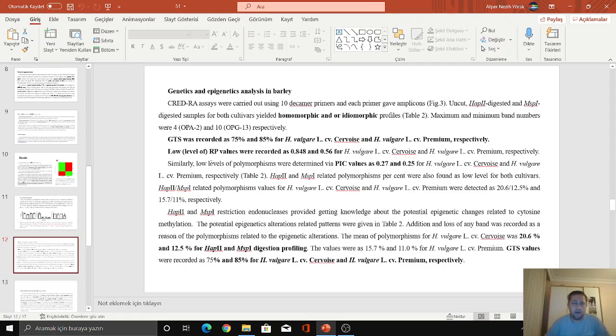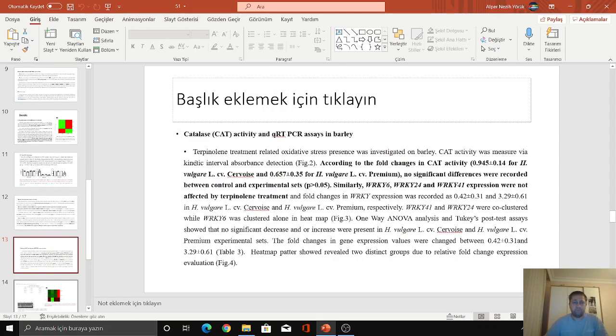Similarly, in the genetics and epigenetics assay, a low level of genomic template instability was recorded, with genomic template stability values of 74 and 85, and 75% in Cervoise and Premium cultivars. Similarly, 20.6 to 12.5% methylation differences were recorded in CRED-RA assays.